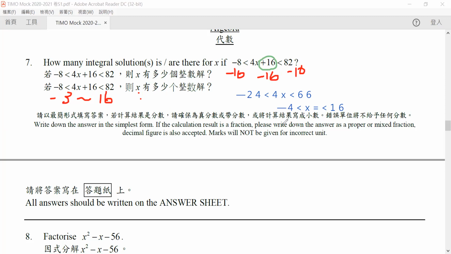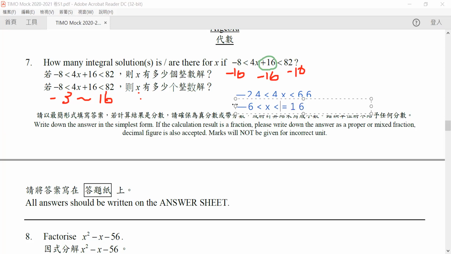Divided by 4, oh yes, again, stupid arithmetic mistakes. This is not the same as what I've done before.